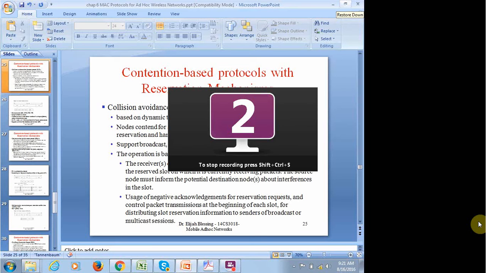So what is the hop reservation multiple access protocol? It's a multi-channel MAC protocol based on half duplex mode connection, and it looks at the concept of very slow frequency hopping spread spectrum radios. If you have a spread spectrum of frequency, what does it mean?